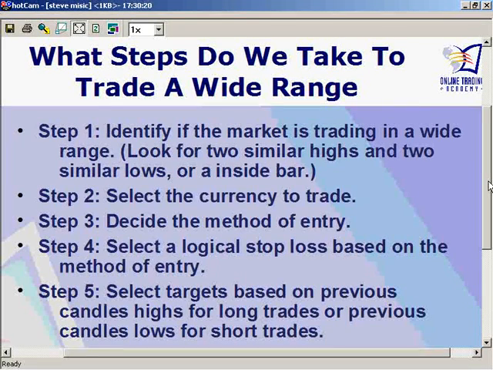Once I've gone through my list and I've picked which currency I want to trade, then I'll make my decision as to how to trade it, which method of trading I'm going to use. All right? And I'm going to show you a couple of little ones today. And there's all kinds of different ones that you could use, but I have a couple that are just pretty interesting ways to trade a market that's basically just going nowhere.